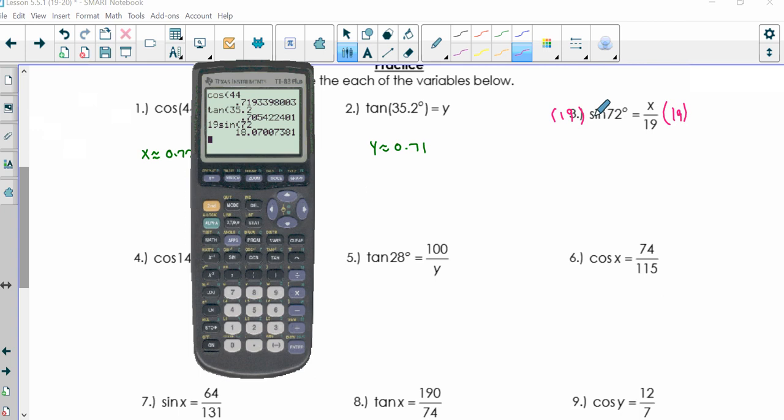Anytime we have sine, cosine, tangent of a number, it's always a degree. Okay. So this is going to tell us that x is about 18.07. No units with these because we don't know what that x represents. It represents some length. We just don't know what it is. That's the opposite side. That's the hypotenuse.